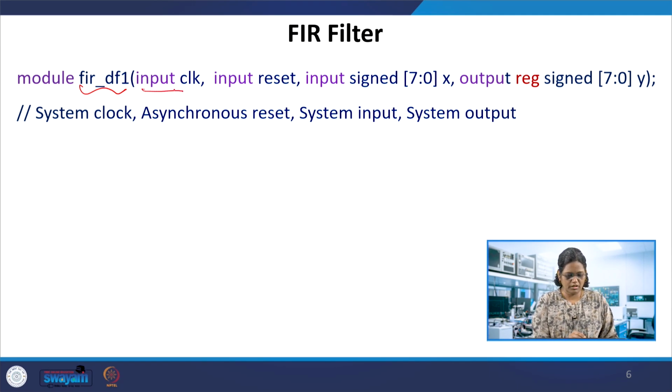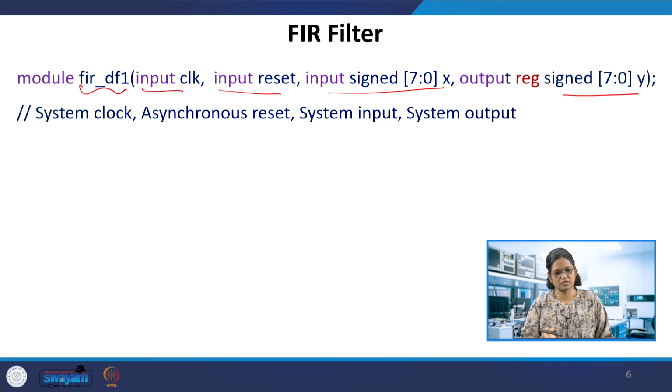So the input clock is necessary, and reset, signed 8-bit input X, and output signed Y. This is the system clock and an asynchronous reset. When you want to stop the operation of the filter, you can stop at any point of time using the asynchronous reset.